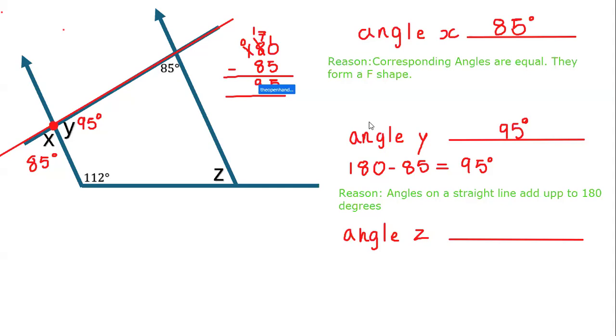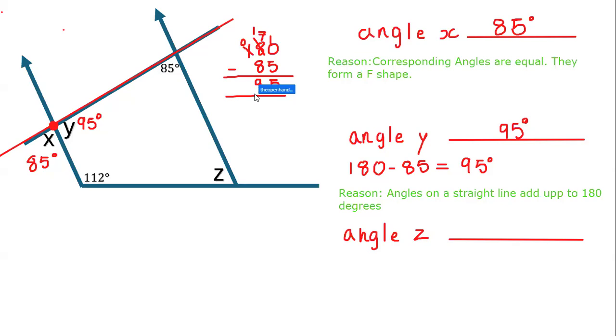Okay, so how are we gonna get z? And z is 112. How you got 112? It aligns with co-interior.